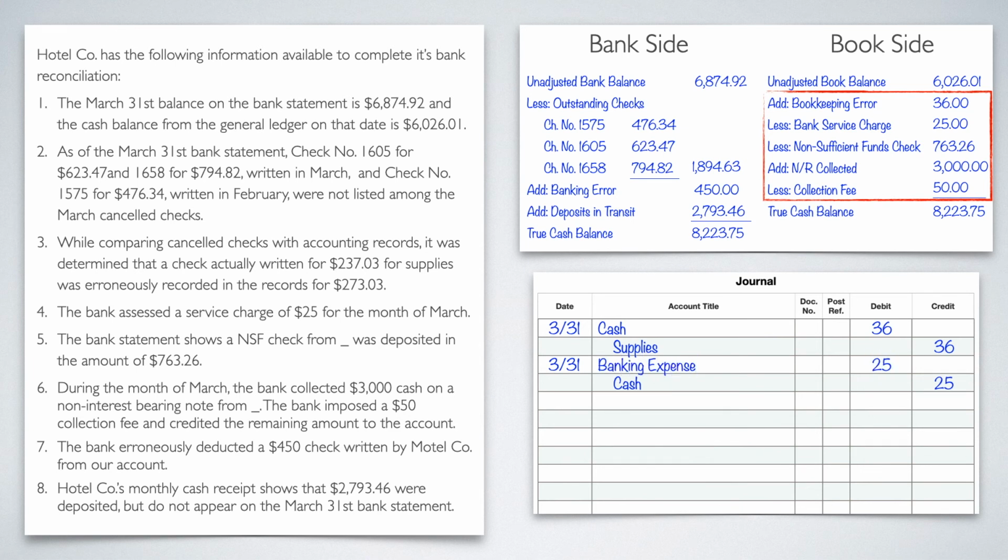Next one, the NSF check. It says less. So again, we're going to credit cash for that amount, $763.26. And then what are we going to put in the debit? Well, let's take a step back. When we first got it, we said cash and service revenue because we gave them the product or the service, whatever it may be, and we put it in as cash, but it's not worth cash.